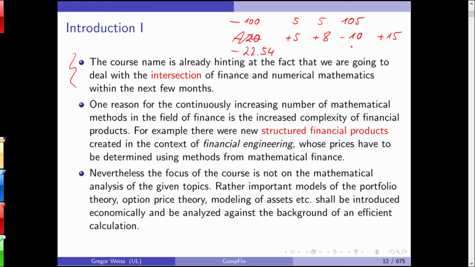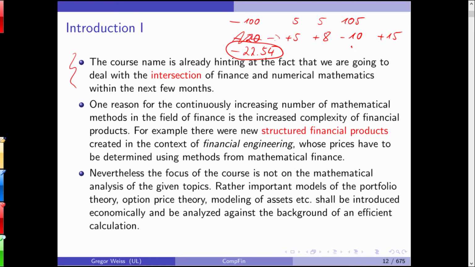The interesting part is that someone has to come up with this price. If you go to an investment bank as an institutional investor and ask for this cash flow stream, someone has to calculate the fair price which the investment bank should ask for. And this is where you need computational finance.